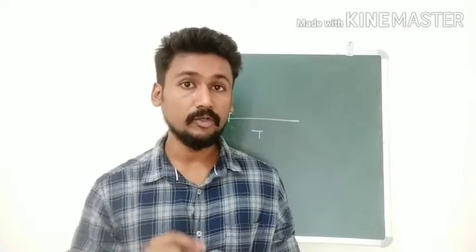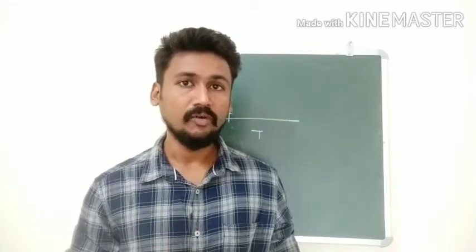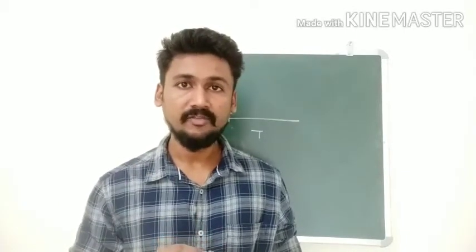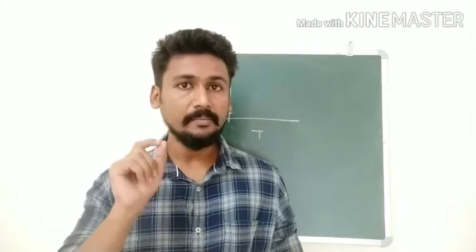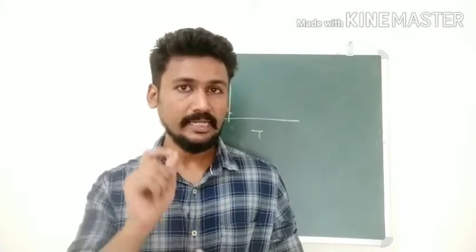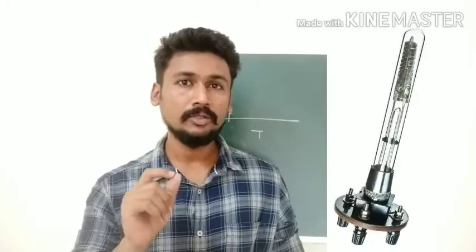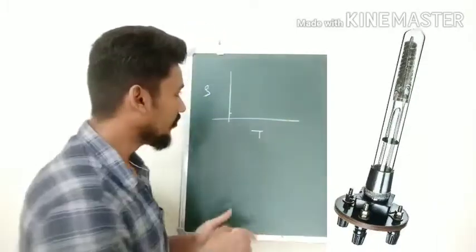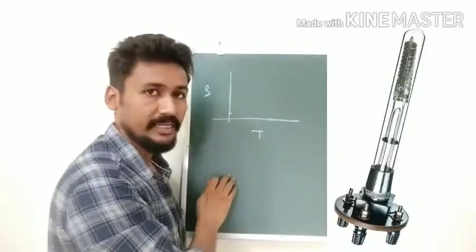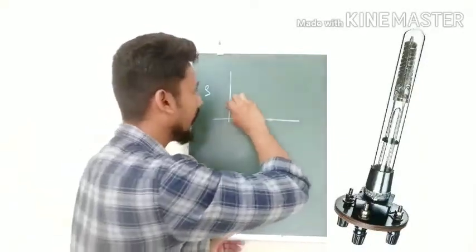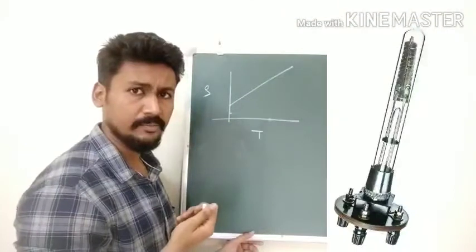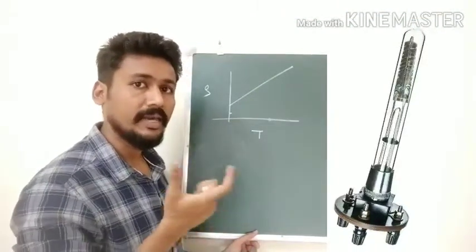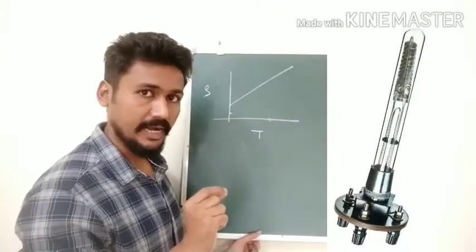I said there are some materials for which the graph of rho versus T is actually a straight line. One of those materials is platinum. We use platinum for making platinum resistance thermometers. Here is the photograph. For platinum we can plot how much the resistivity will be for a certain temperature. So we make a thermometer using a strip of platinum.